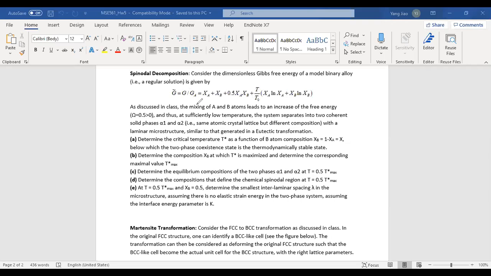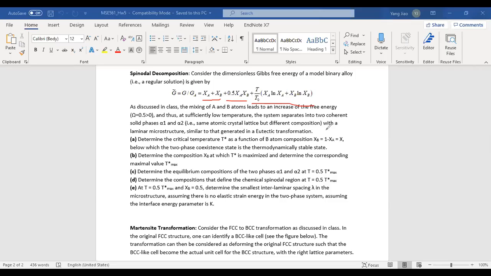So this is a very simple symmetric regular solution model, right? This part is entropy, this part is enthalpy, and this is the original free energy of the two in the mixing case. And here we consider half-half mixing. Not necessary, but everything is symmetric, so this is quite simple to do.